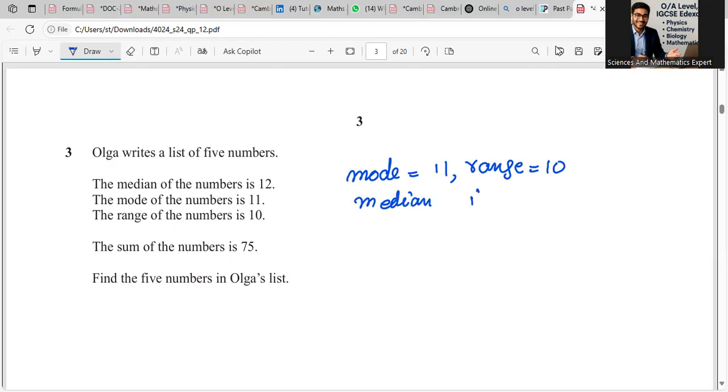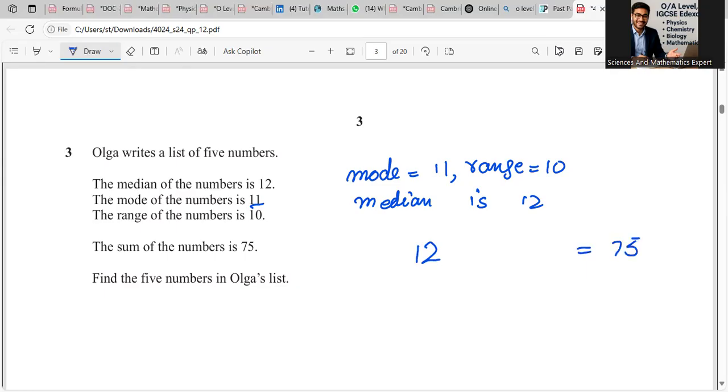So I can write 12 in the middle, and my most repeating term is the mode, and the total sum is 75. Sum of all these numbers is equal to 75.